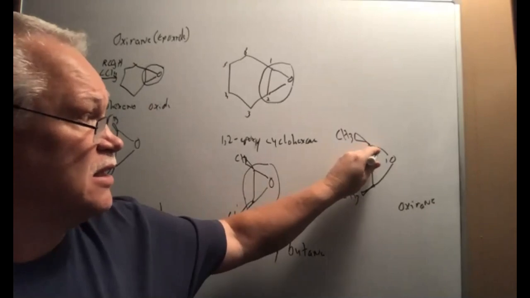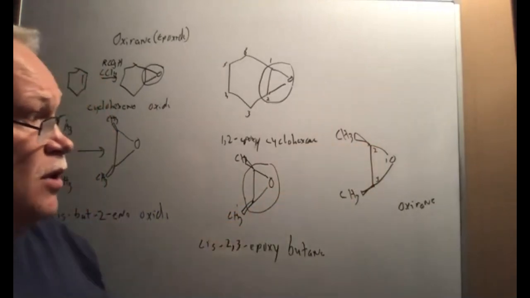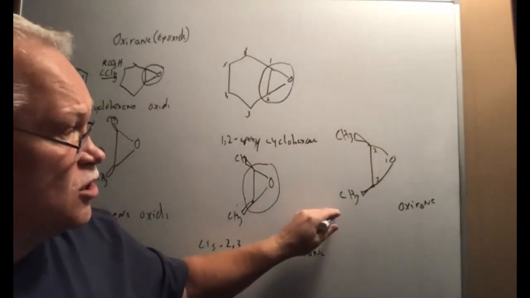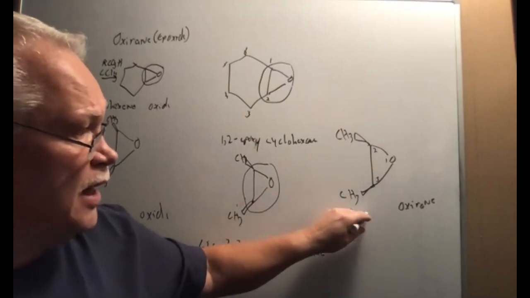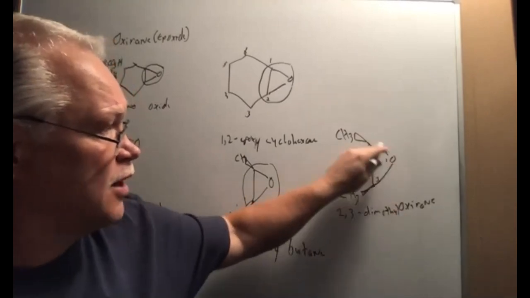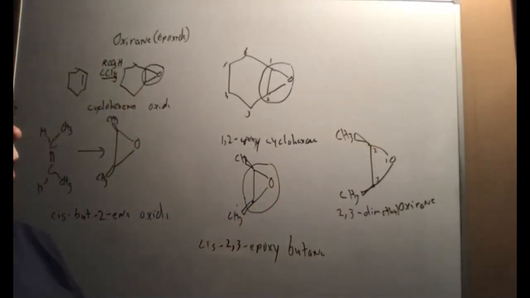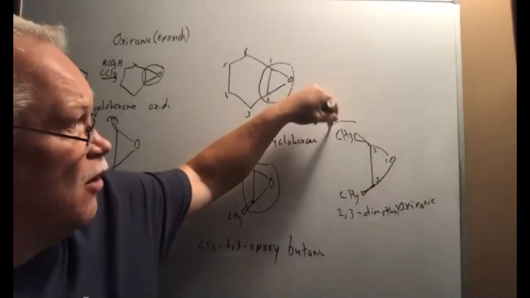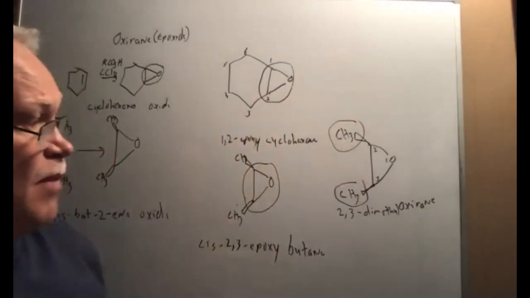Notice in this case, it doesn't matter which way we number it. So we would name this 2,3-dimethyl, because what are the groups that are attached to the oxirane itself? A methyl and a methyl.